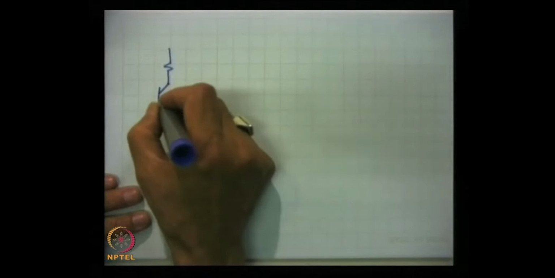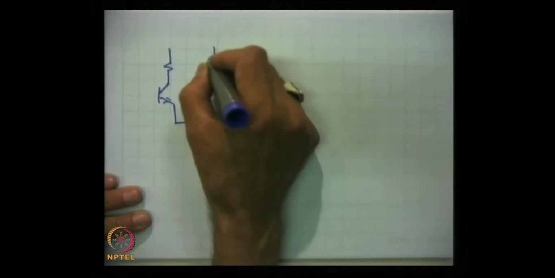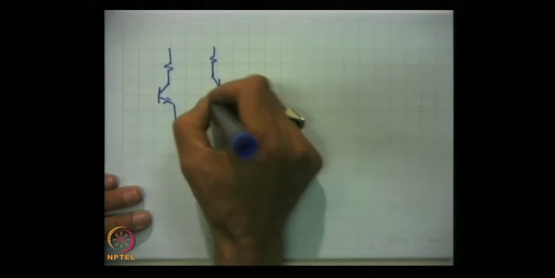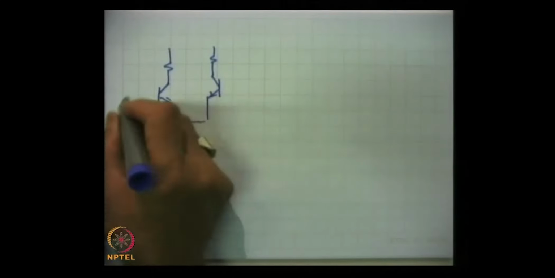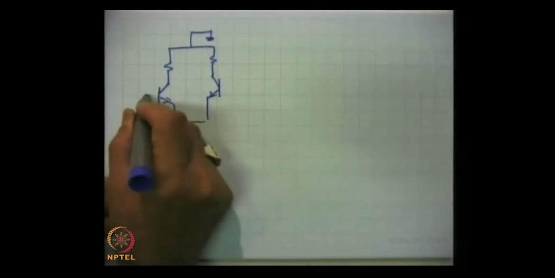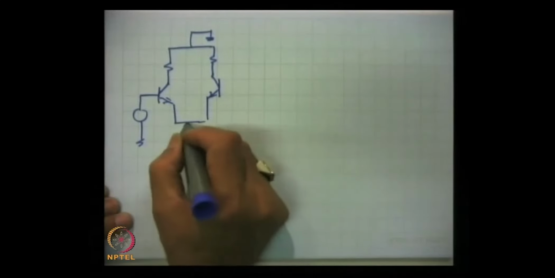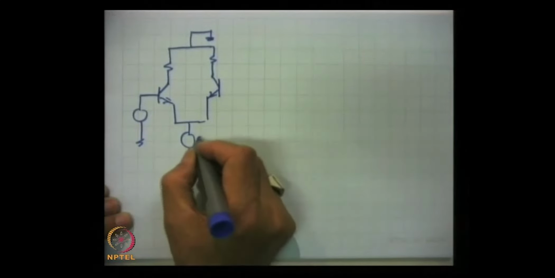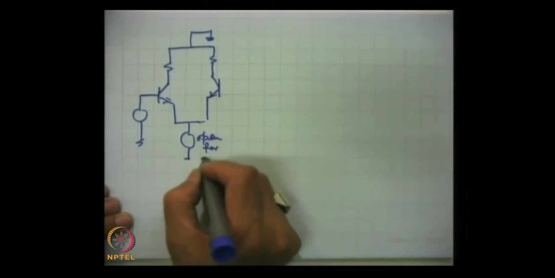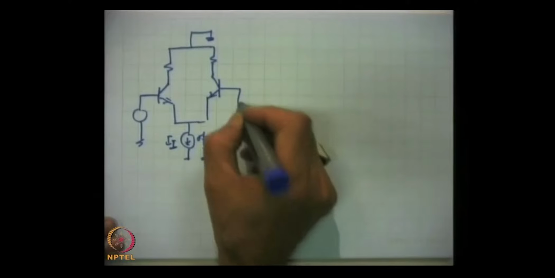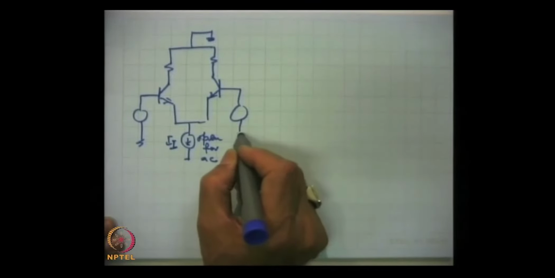The circuit becomes this. Open for AC. Actually, we need not show it, but still it is customary to leave them like that, remembering that they are open.